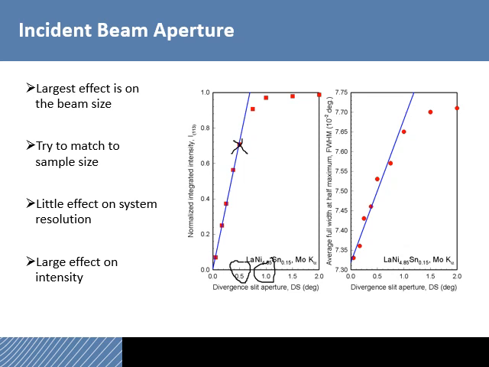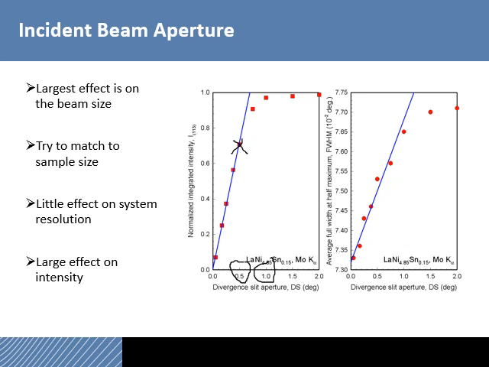If you go to the graph on the right side, we have the divergent slit aperture on the x-axis, and on the y-axis is the average full width half maximum of the peak. So this is giving you an idea of how broad your peaks are as a function of the divergent slit aperture. You see the same kind of trend. You get some peak broadening as you go up to about 1 degree, and then it flattens off where it has little or no effect.